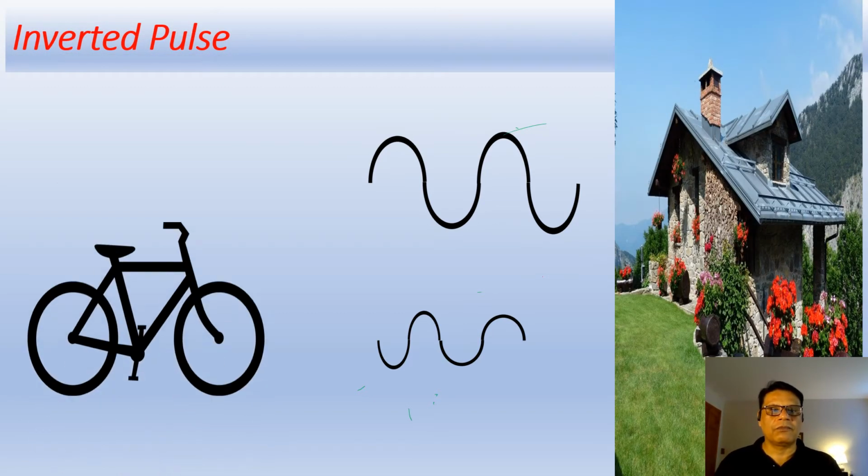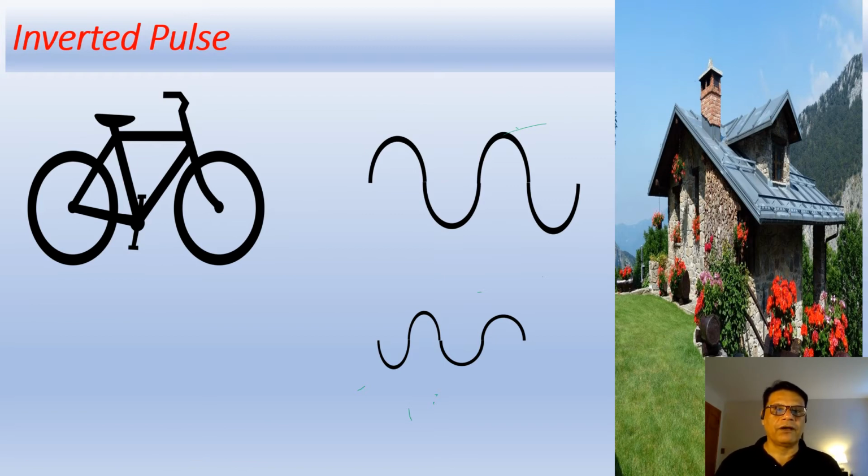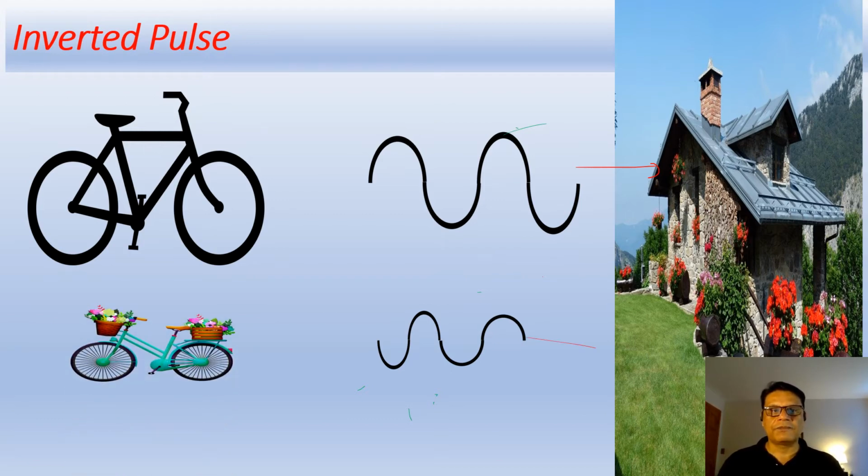So we are making an analogy. We have a big cycle like this one, this big pulse, and it goes to a house that is full of flowers, and when it comes back, this cycle is now changed. It's flipped.